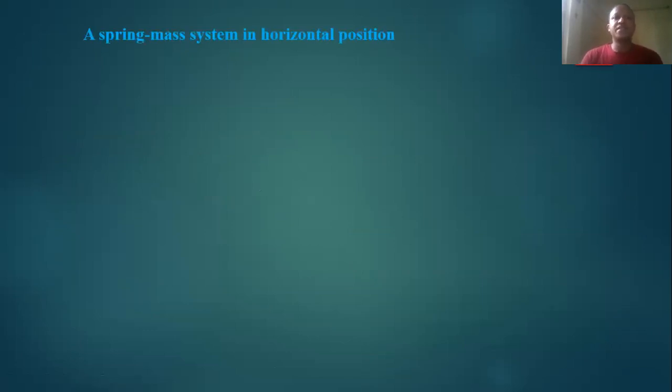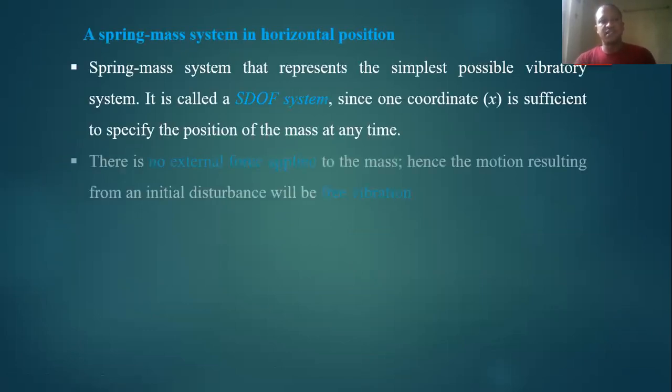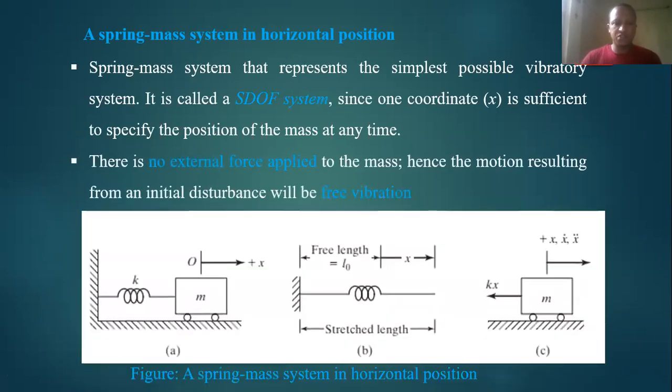So, spring mass system in horizontal position. Let's see the spring mass system in horizontal position here. There is no damper on it. When the spring is stretched by some x from the initial position, it exhibits motion, and this is the free body diagram representing the system.